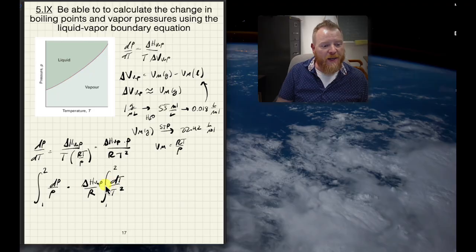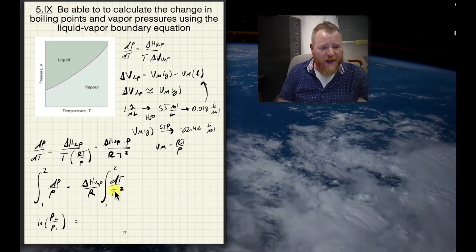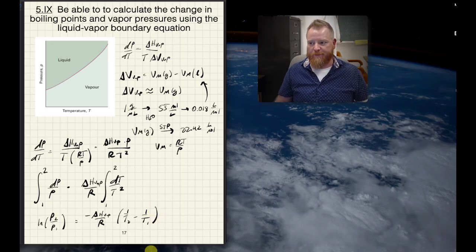And then we get the following. This integral becomes the natural log of P2 over P1, and all of that equals the following. When we integrate dT over T squared, we get a negative delta H of vap over R, and that becomes 1 over T2 minus 1 over T1.